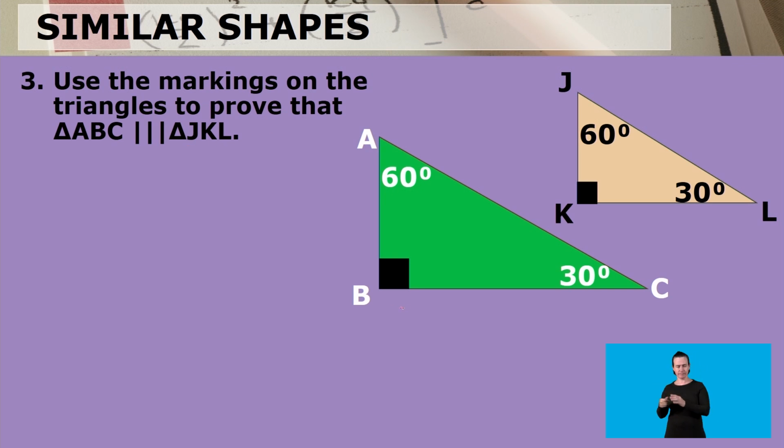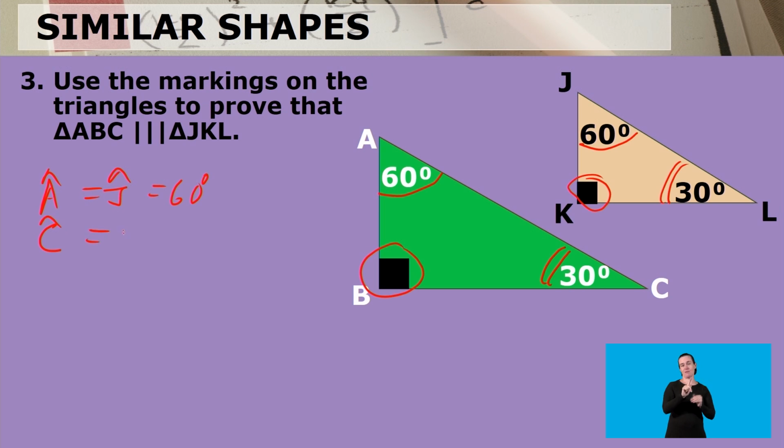Now let's look at the markings they have given us. They have a 60-degree angle and a 60-degree angle. Then there is a 30 and a 30-degree angle. And of course, there is a 90-degree angle. So because of that, we are able to say angle A equals angle J, which equals 60 degrees. And then angle C equals angle L, which equals 30 degrees.